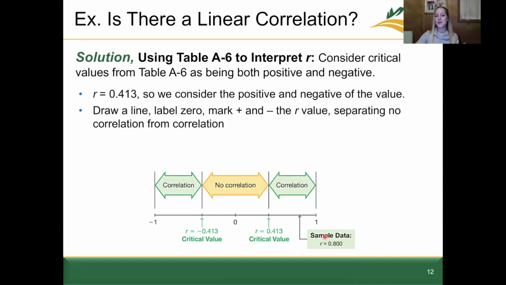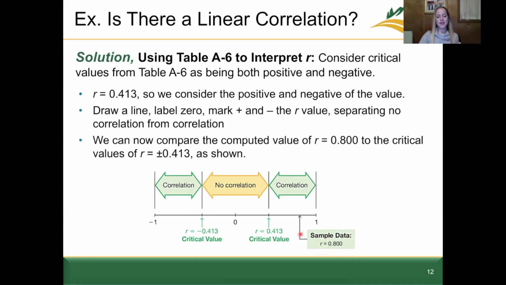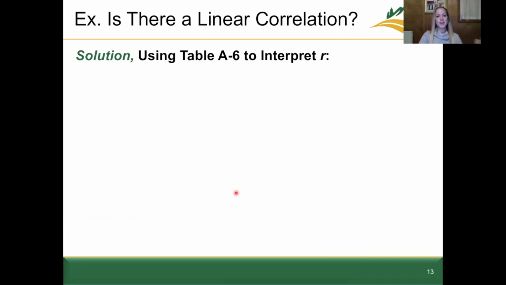Then the R value we calculated can be rounded to 0.800, so we plot that here in the figure. After we've done this, we can now directly compare our R value to the range of our critical values. Now, I've mentioned there are these areas of correlation and no correlation. Now let me show you another way of thinking about it. So we went over absolute values in 10.1 part 1.